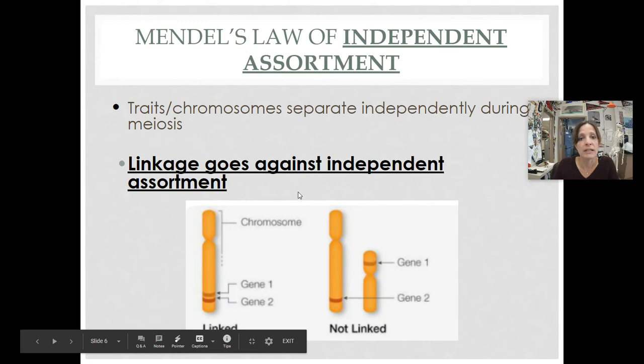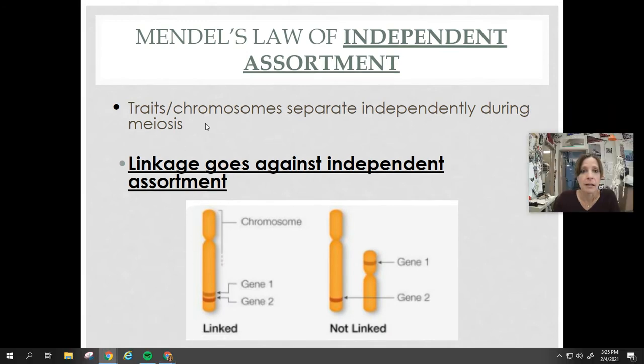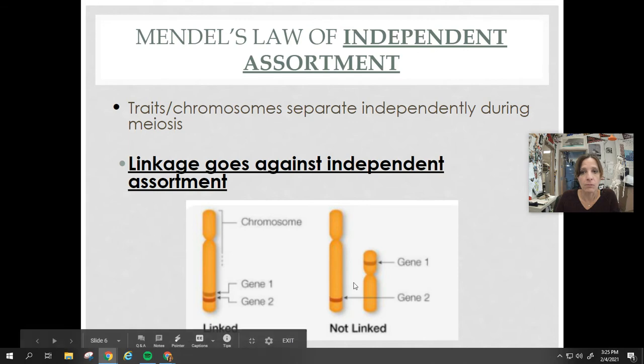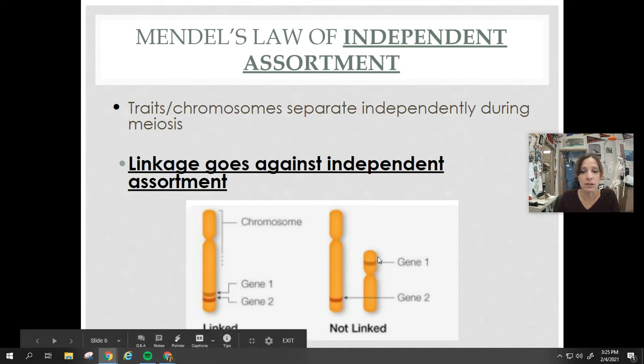The law of independent assortment is that traits separate independently in meiosis. So, for example, what Mendel thought was that your genes are all going to be independent of one another.